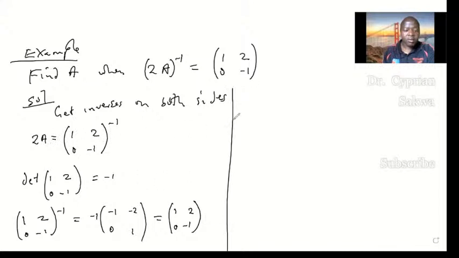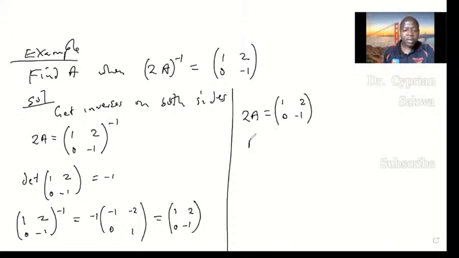Now, the question was: 2A is the inverse of this, but the inverse of this was found to be 1, 2, 0, negative 1.